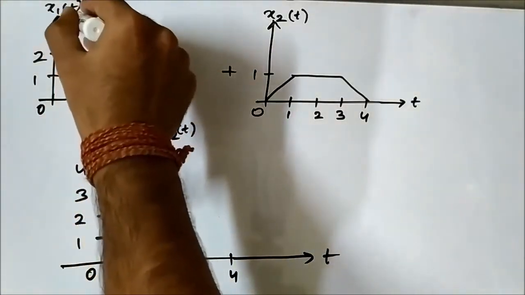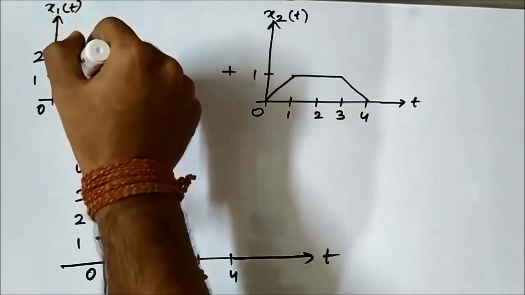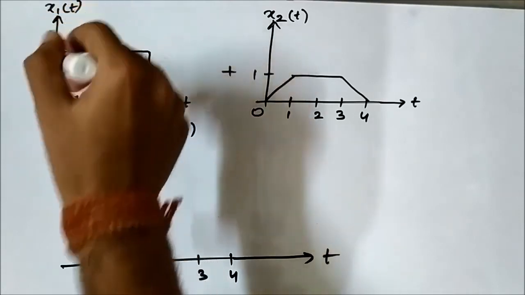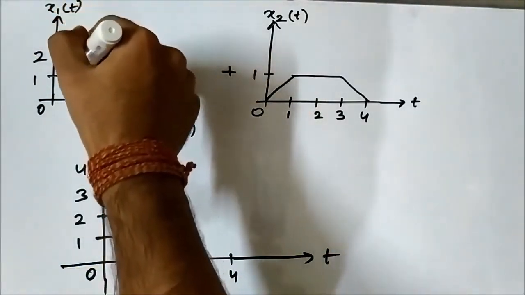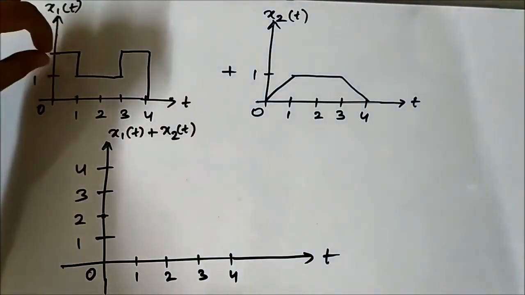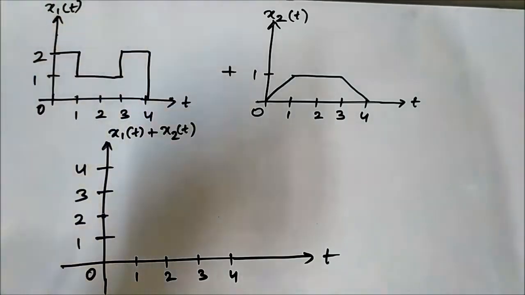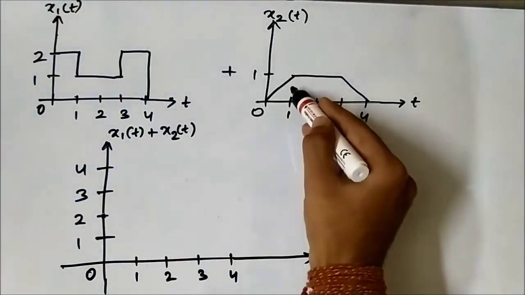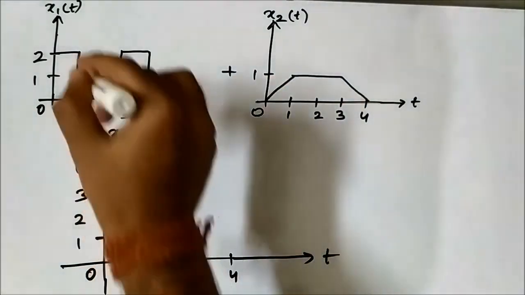Then at t equals 1, it is very important here, there is a transition in this signal, a drop from 2 to 1, a high to low transition by 1 unit. So at t equals 1, you can think of it as having two values. It falls from 2 to 1, but here x2(t) has only one single value, which is 1.